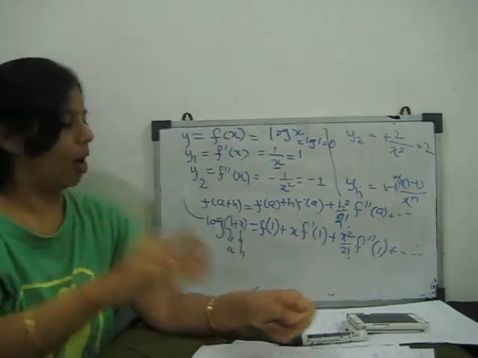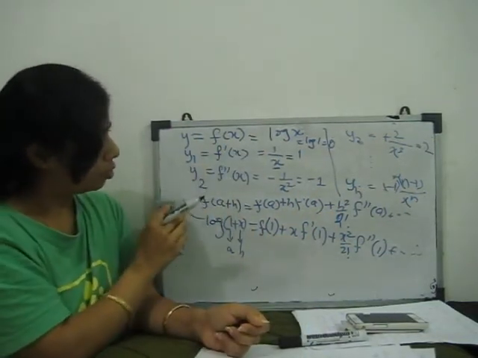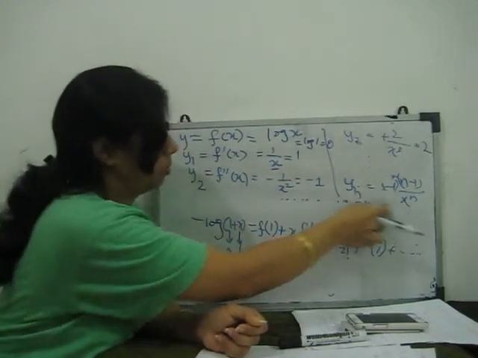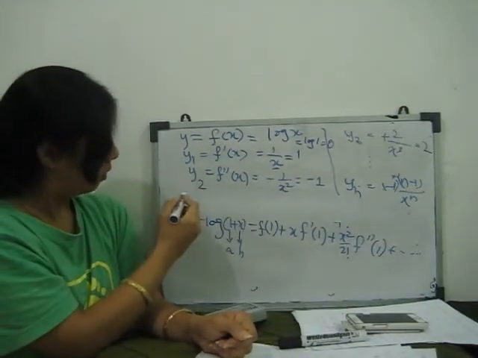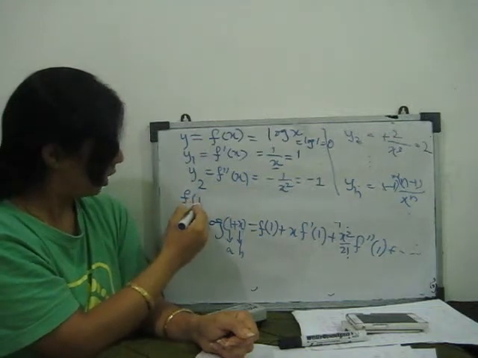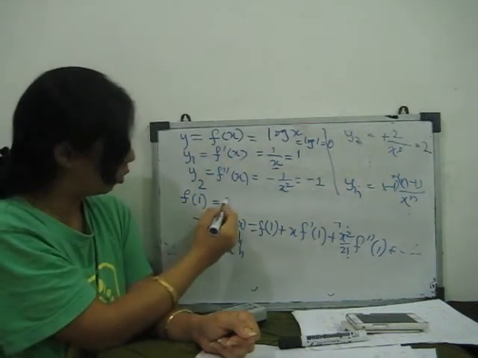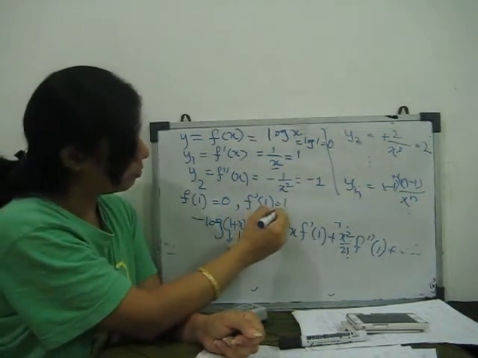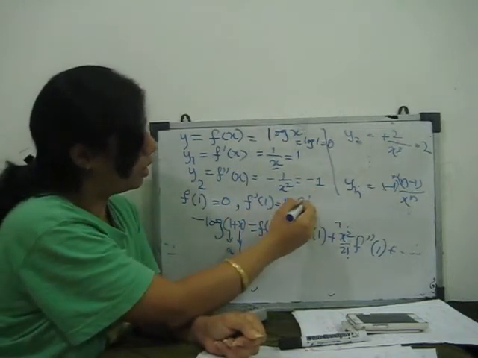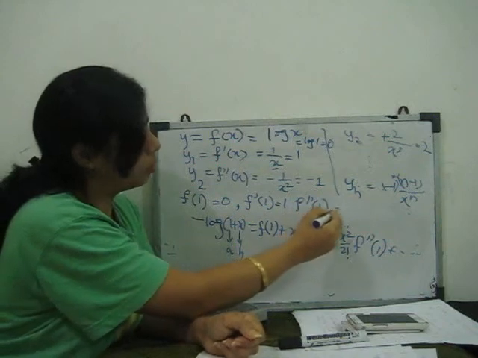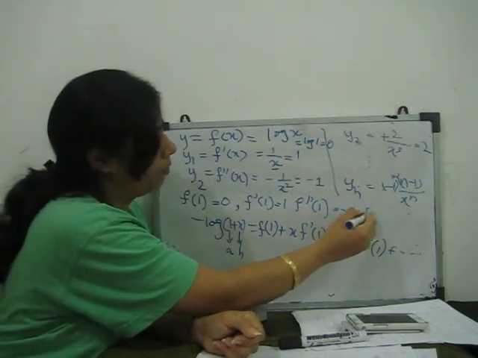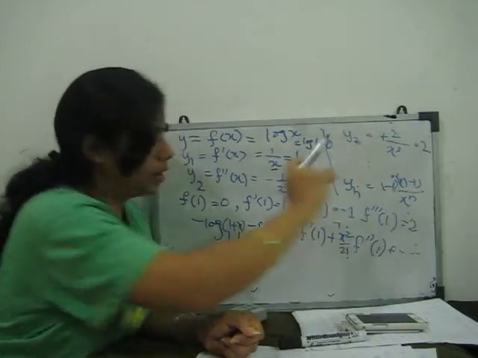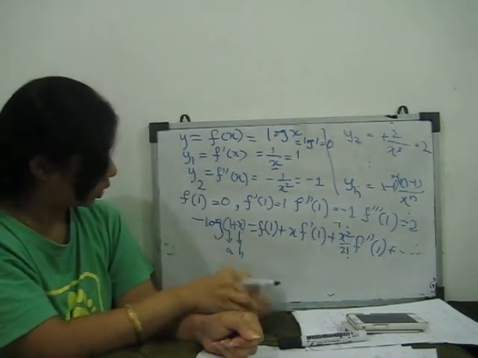So now I will write the values for each term: f of 1 is 0, f dash of 1 is 1, f double dash of 1 is minus 1, f triple dash of 1 is 2, and so on. Now you substitute here.